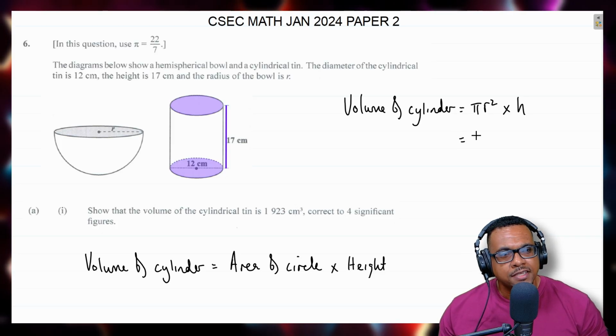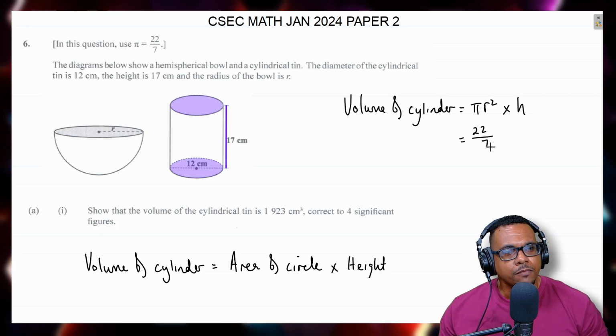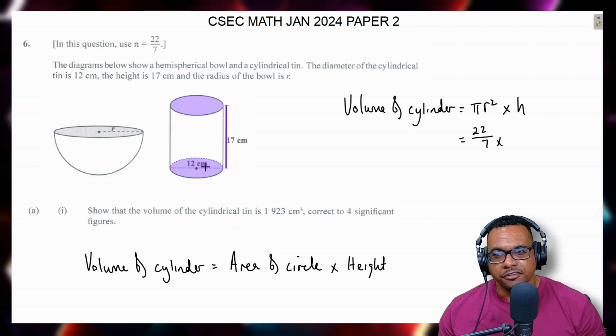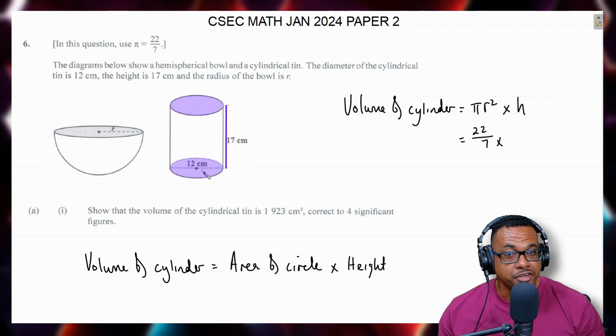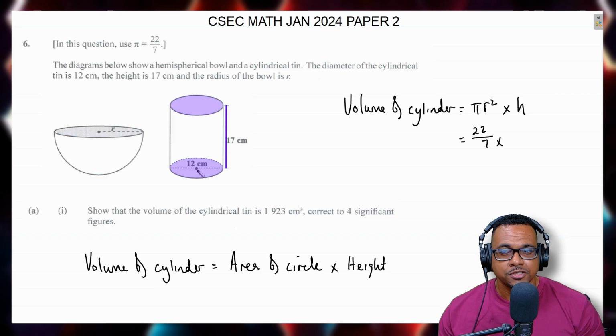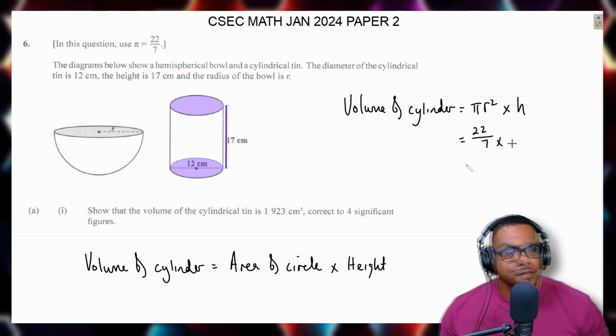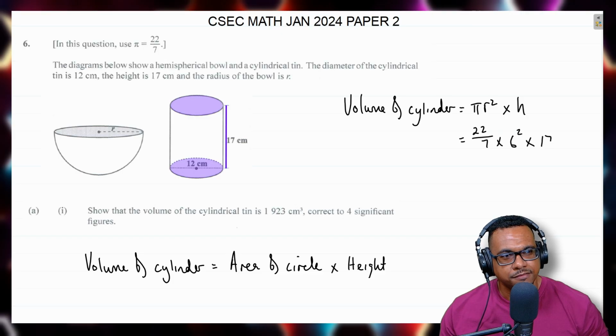So pi is 22/7. Multiplied by r squared, and the radius now, here they give us the diameter, which is 12, and you know the radius is half the diameter. So the radius will be 6. So we have 6 squared multiplied by the height, which is 17.